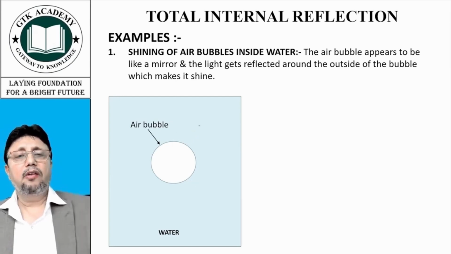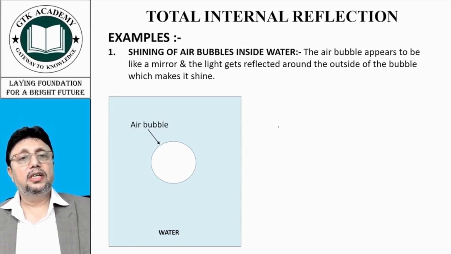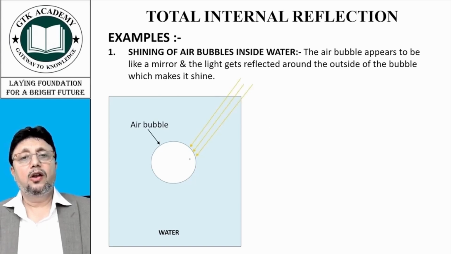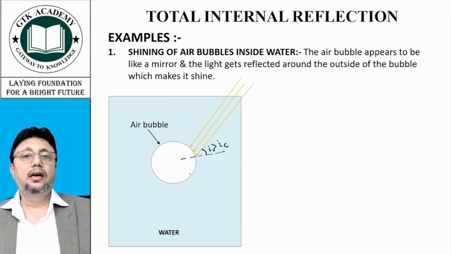But there will be certain rays of light where they will be falling on this bubble and having the angle of incidence more than the critical angle. For example, consider this ray. Now, for example, you draw a normal here. If this angle I is greater than IC, now the light is going from a denser to rarer.